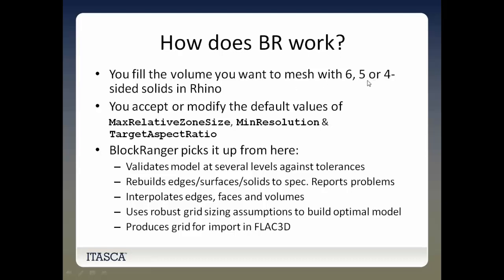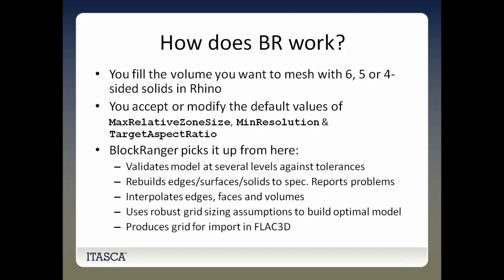Once you have created this assembly of solids in Rhino, you select them, and you click on BlockRanger, and BlockRanger proposes basically three non-dimensional numbers. One is the maximum relative zone size, the minimum resolution of your model, and the target aspect ratio that you want to reach.